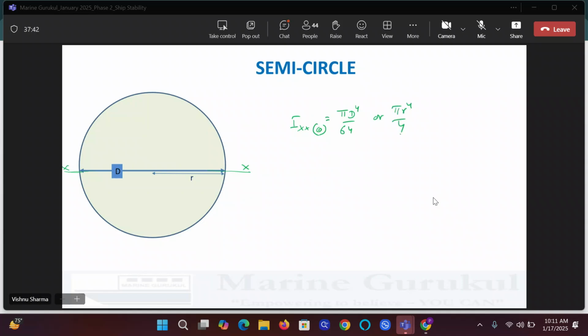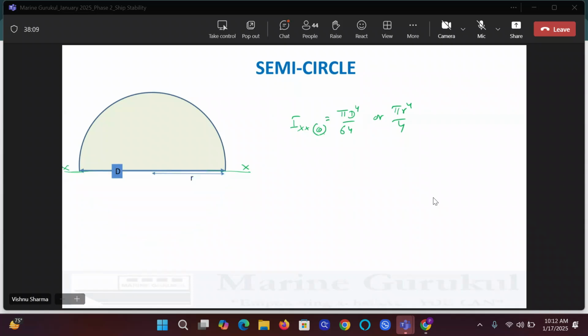Correct, beta? Now, if I keep the axis same, but I reduce the area to half, this will again make things easier. It is very easy to remember. You have just retained the same axis, but made the area half.